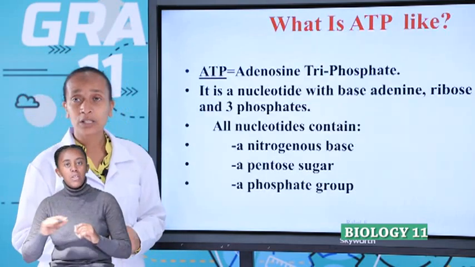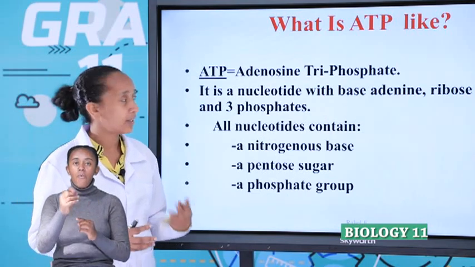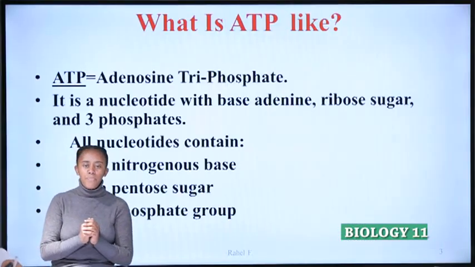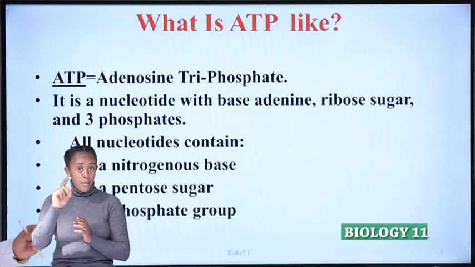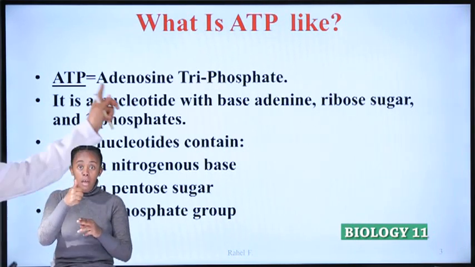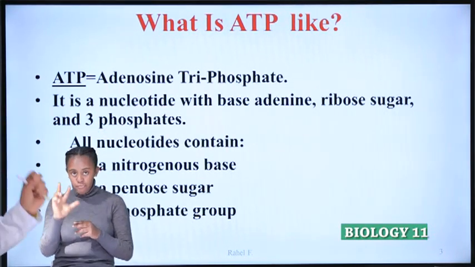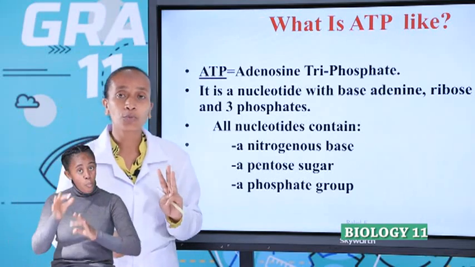So to begin with, we are going to see the structure of ATP, what ATP looks like. ATP is an abbreviation that stands for adenosine triphosphate, and this molecule has three components.